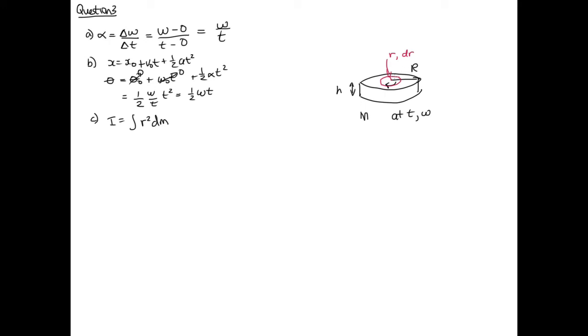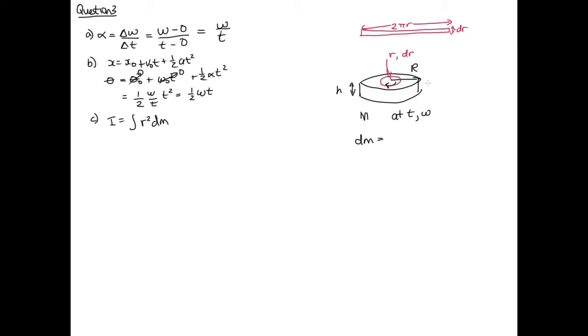So dm is the mass of this little disk here. So we can work out dm. It'll be whatever fraction of the surface area it covers times the total mass m. If we consider this disk and we lay it out in a long line like this, then it's going to have length 2 pi r, because that's just the circumference of the circle at that point, and a height dr, so its area will just be 2 pi r dr, and the mass will be this over the total area.